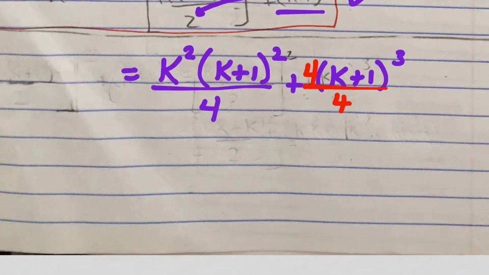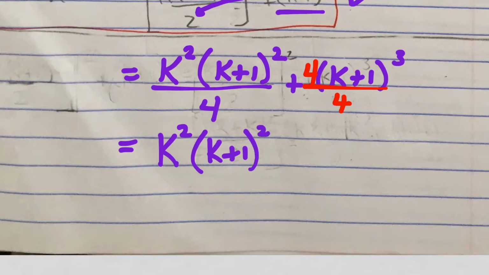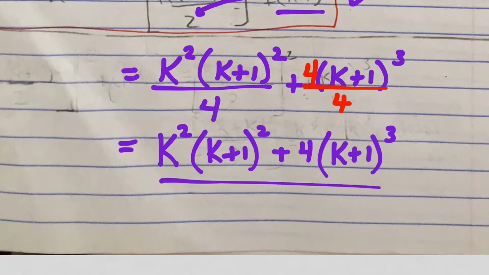And then in my next step, I can rewrite this as k squared times (k plus 1) squared plus 4 times (k plus 1) to the third. And then that's all over 4.